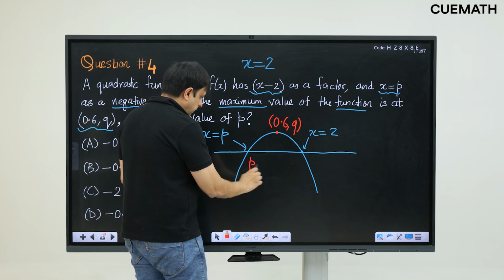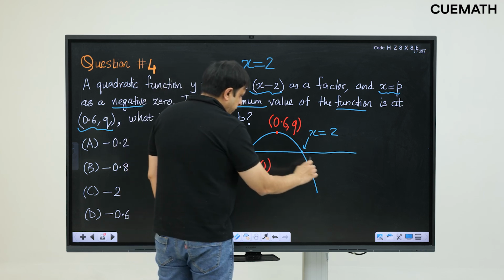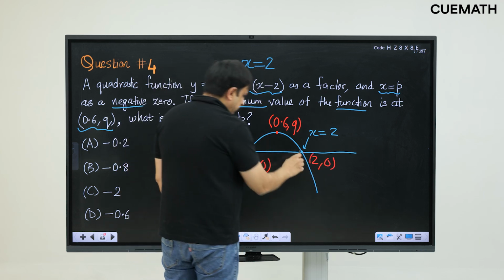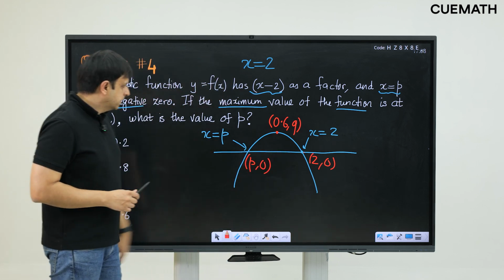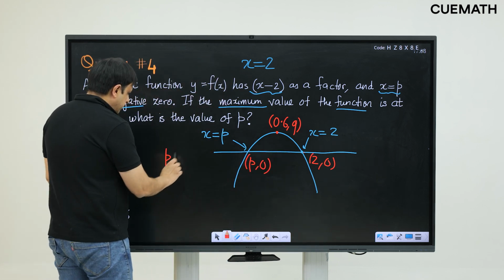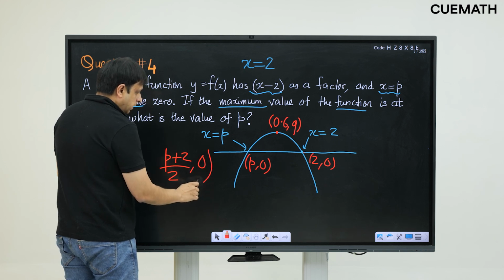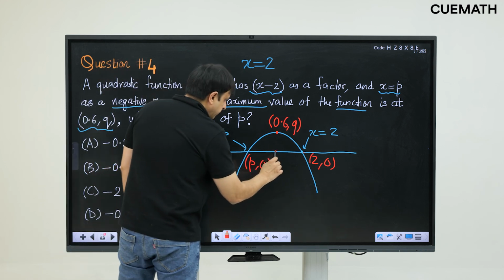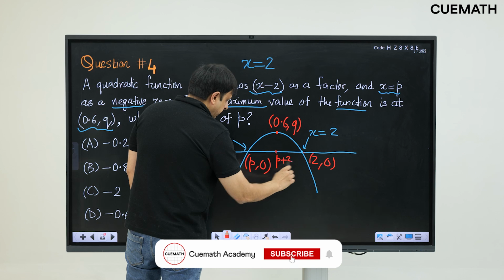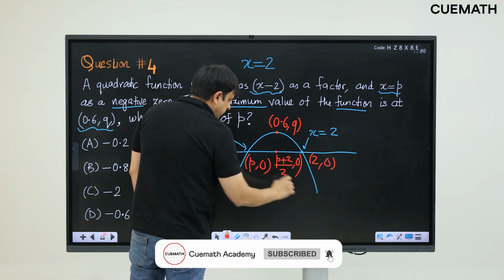P comma 0 is one point and 2 comma 0 is the other point here. So, the midpoint of these 2 points will be p plus 2 by 2 comma 0.